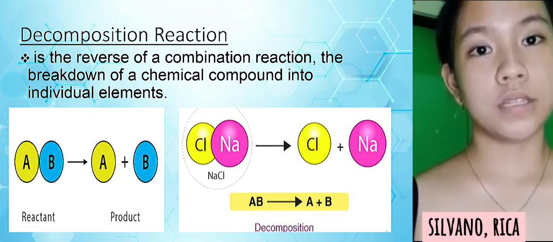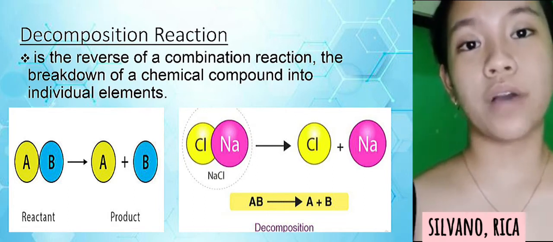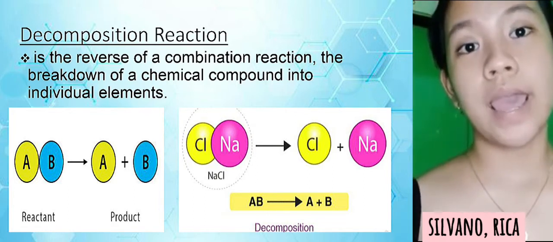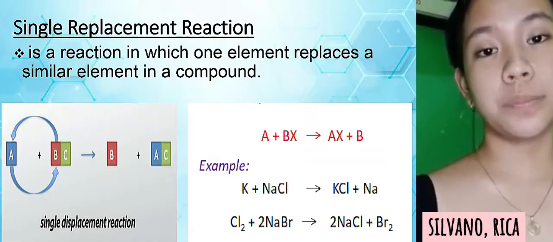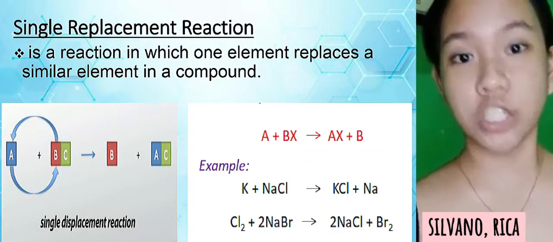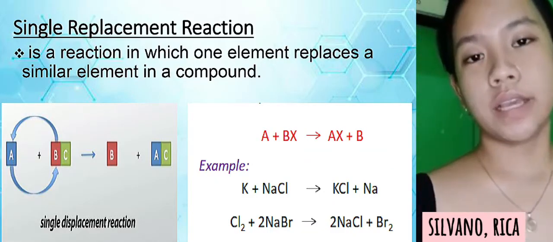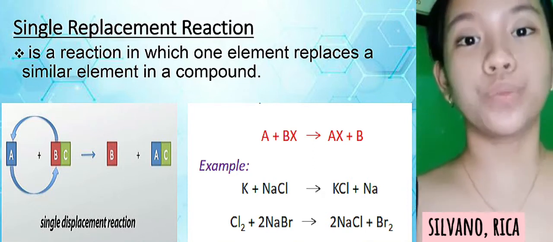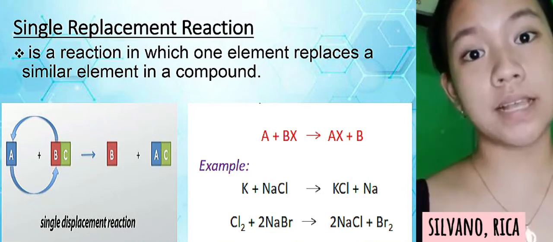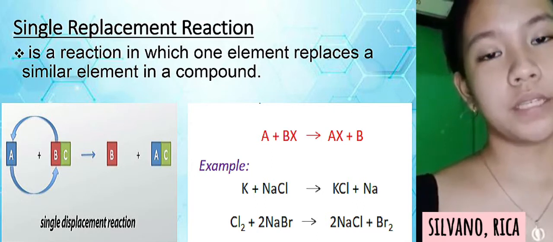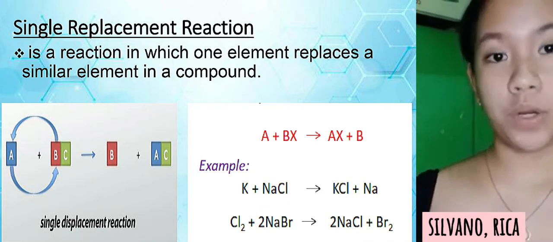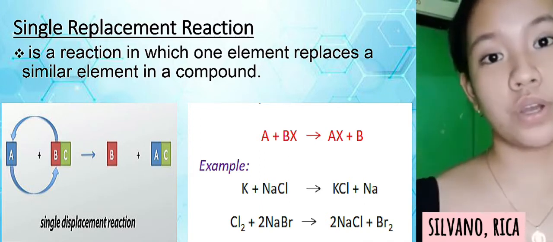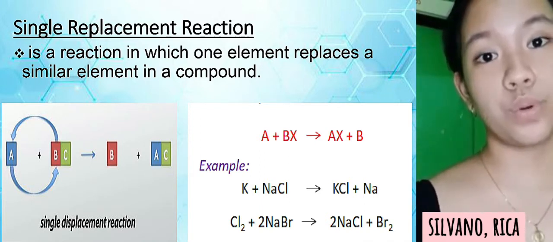It is the process or effect of simplifying a single chemical entity into two or more fragments. So next, we have the single replacement reaction or exchange reaction. It is a reaction in which one element replaces a similar element in a compound. So based on the example, it is the substitution from one compound to another.